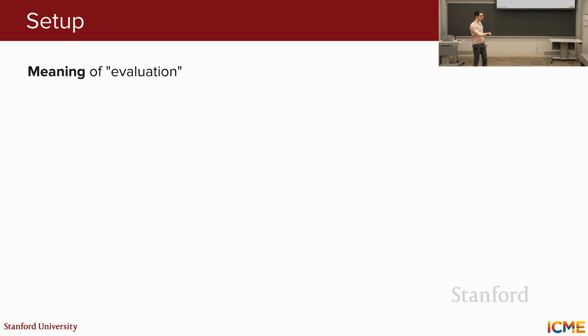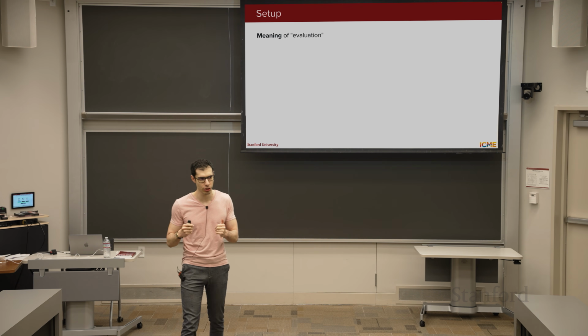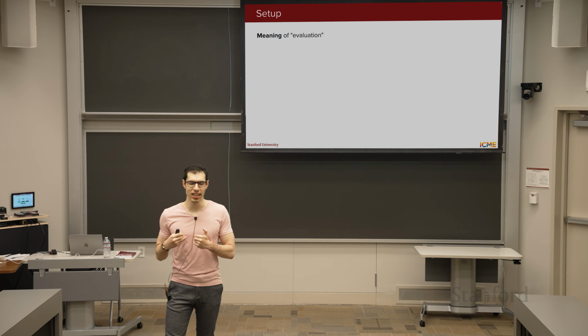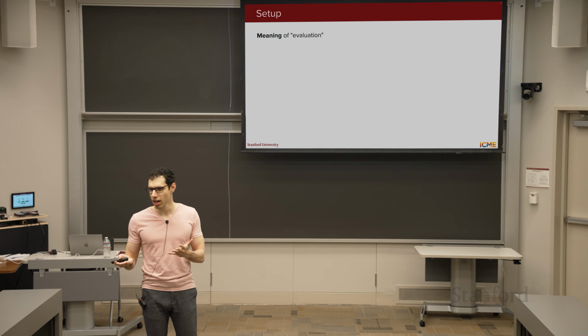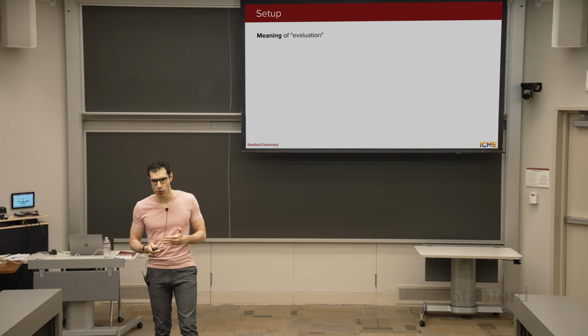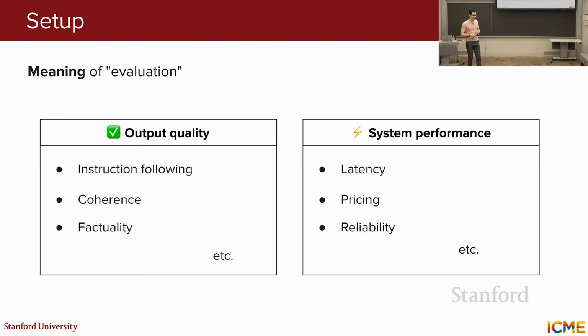Cool. So first of all, I would like to define the term evaluation and the meaning that we will use for this lecture. So when we say, I want to evaluate my LLM, it can actually take a lot of different meanings. It can mean let's evaluate the performance, the output. Let's evaluate this based on coherence, factuality.